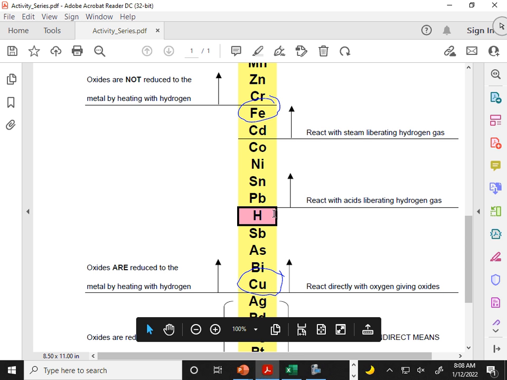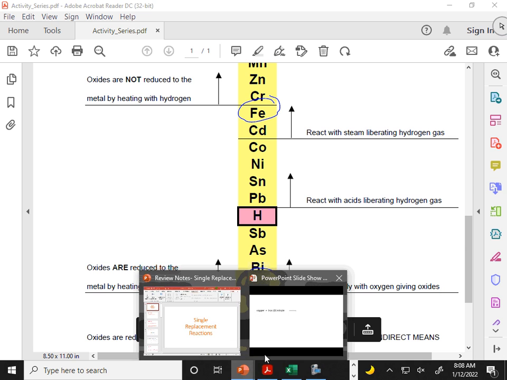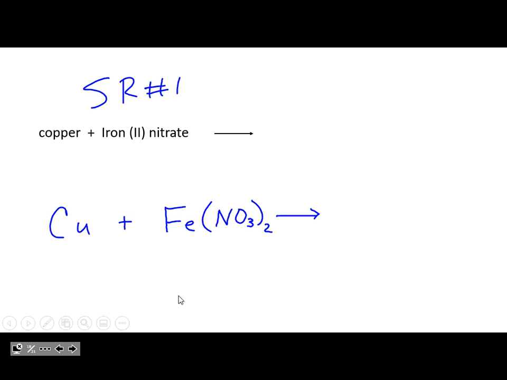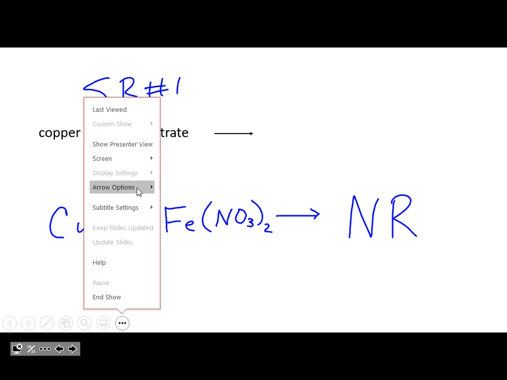It is not active enough. Copper does not have enough juice to replace iron in this reaction. So I simply put NR, because no reaction will occur. Any questions for me?